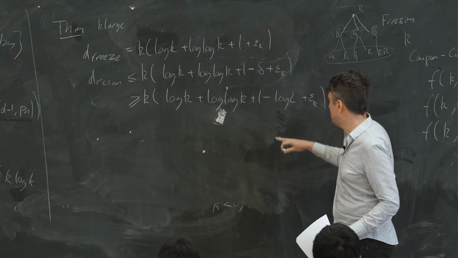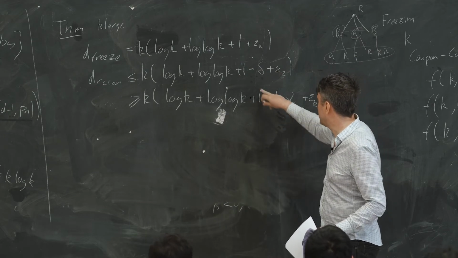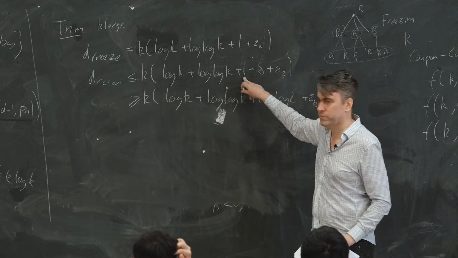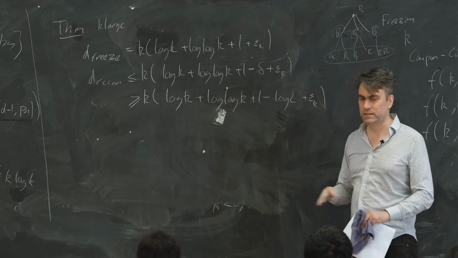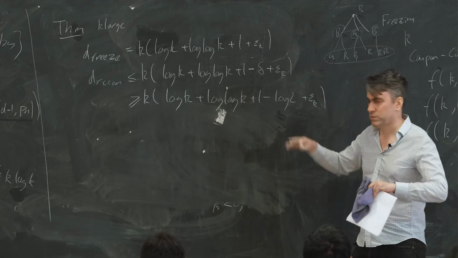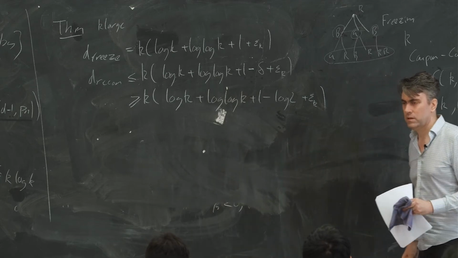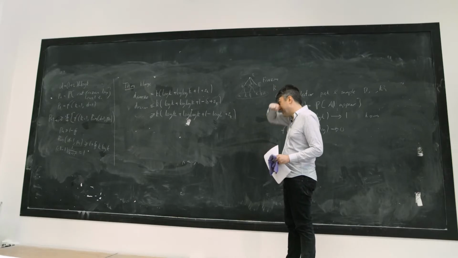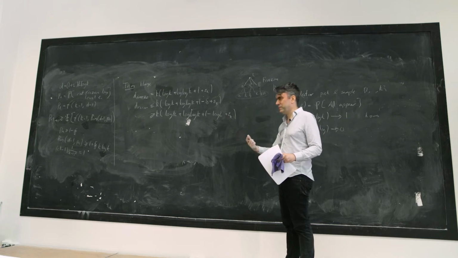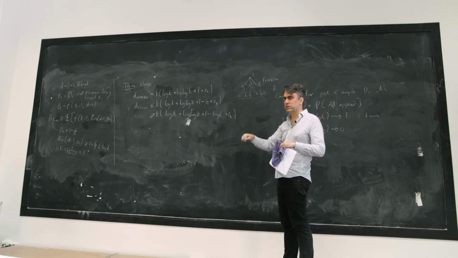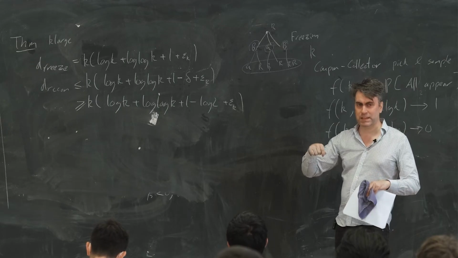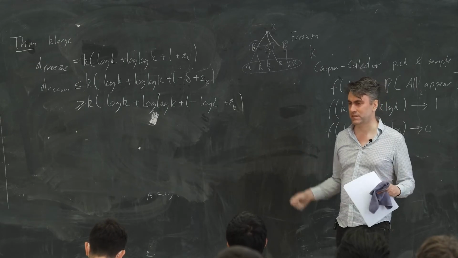So if you just decrease this third order term from 1 to 1 minus log 2, then you can no longer reconstruct with any algorithm. But it does say that there's a narrow band in which you can reconstruct the root, but your probability of exactly knowing what it is tends to 0.